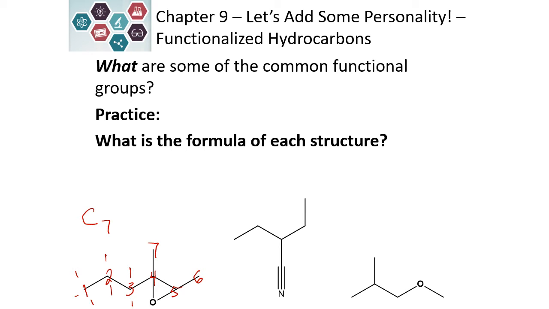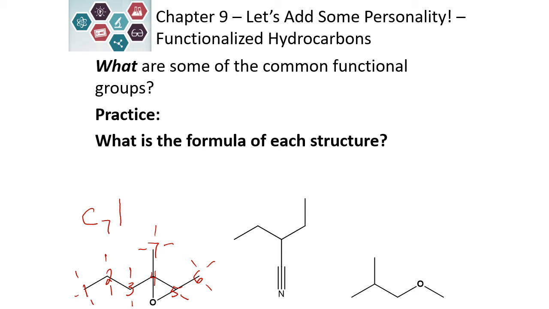Here, number 4 has 4 bonds, so there would be no hydrogen there. 8, 9, 10. Number 5 has 3 bonds, so that would be 11, 12, 13, 14. There's none drawn on the oxygen, so there would be no hydrogen coming off of there.